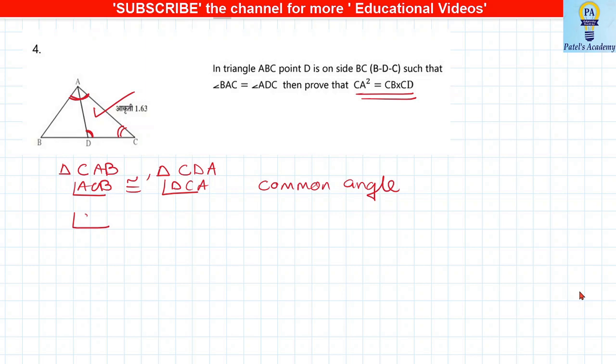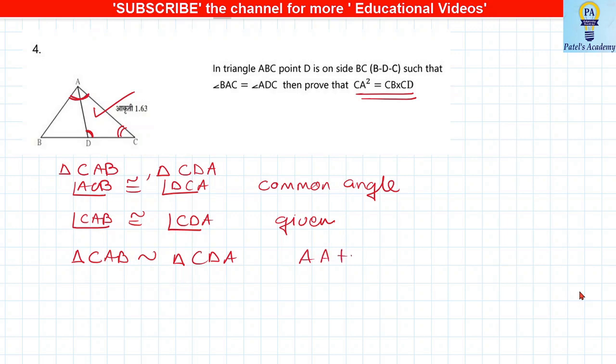The whole angle A, that is CAB, is congruent to the angle D, that is CDA, given. So we have two pairs of angles equal. So I can say that triangle CAB is similar to triangle CDA by AA test.